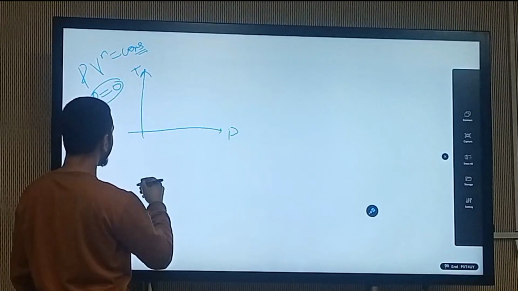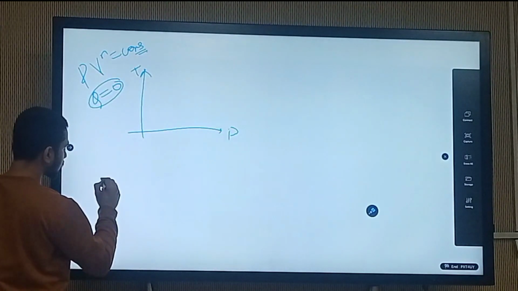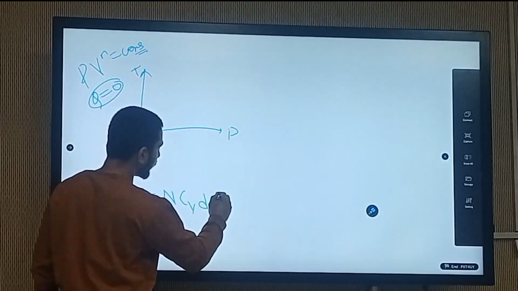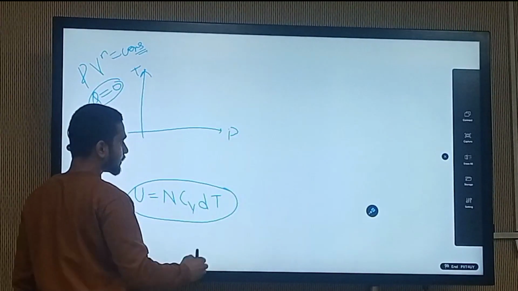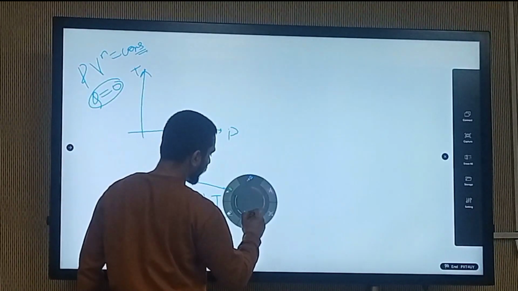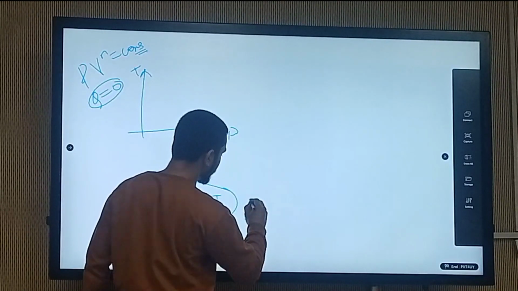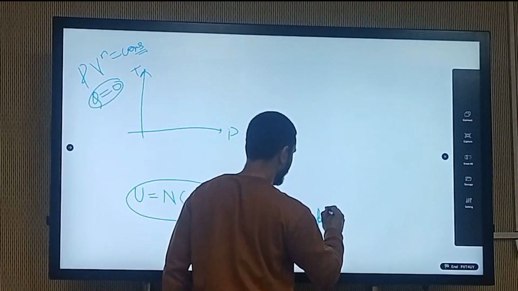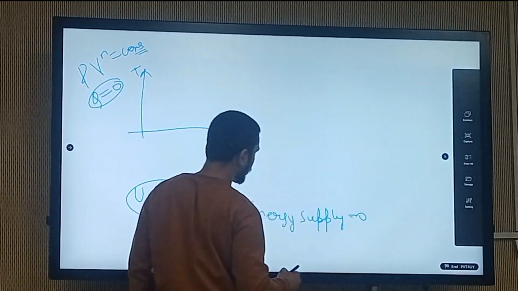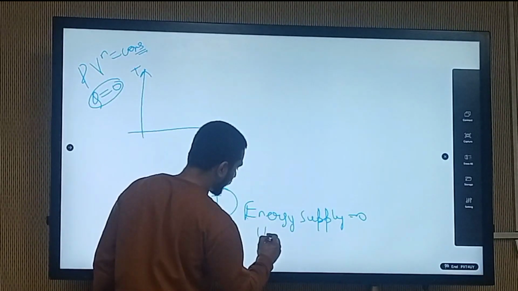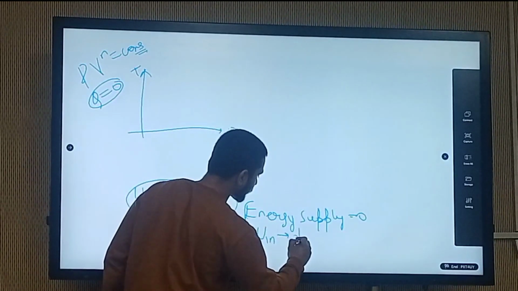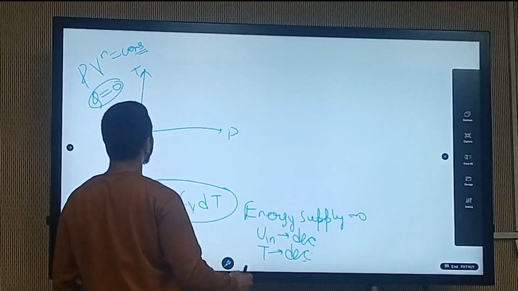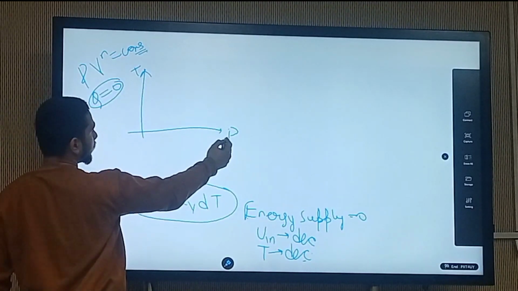So the temperature in the adiabatic process will keep on decreasing as the process goes on, because we know that the internal energy is nCv dT, but the energy supply for this is equal to 0, so the internal energy U will decrease. Okay, so temperature will decrease.